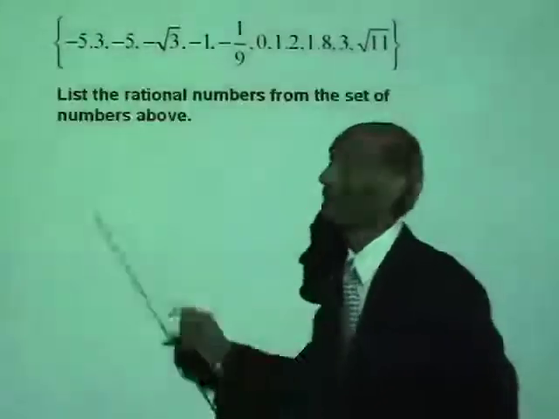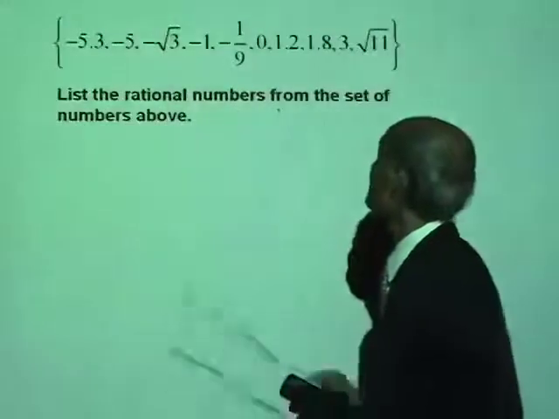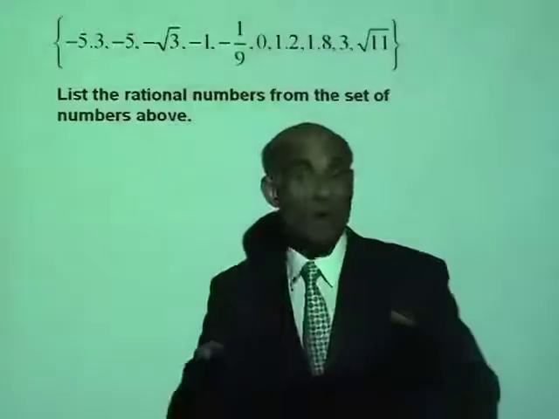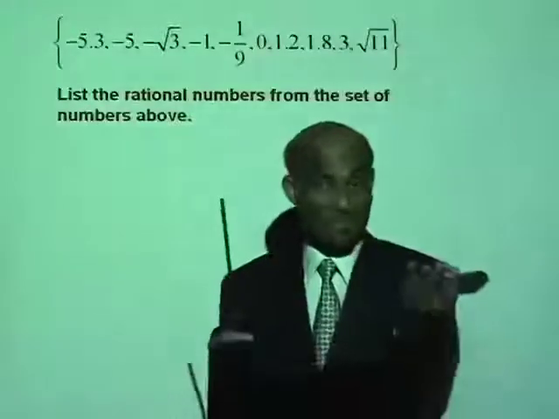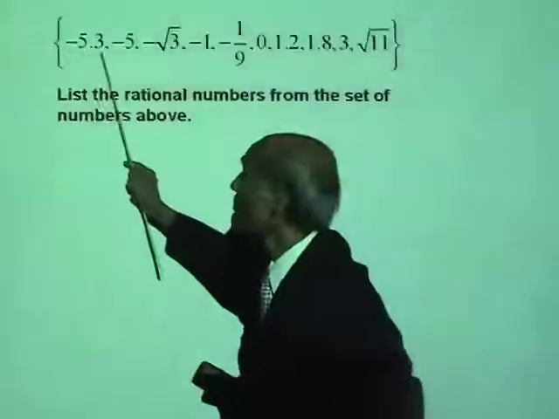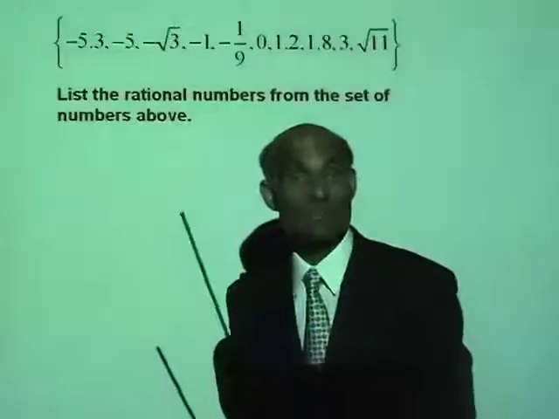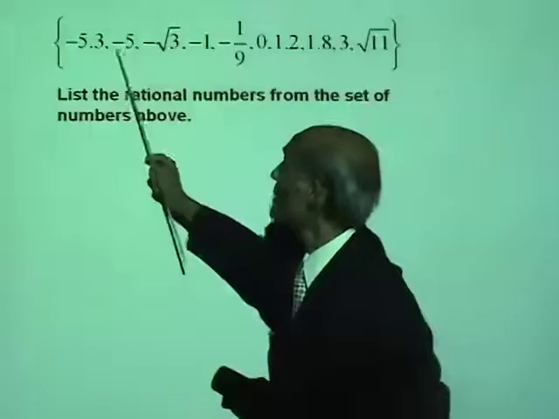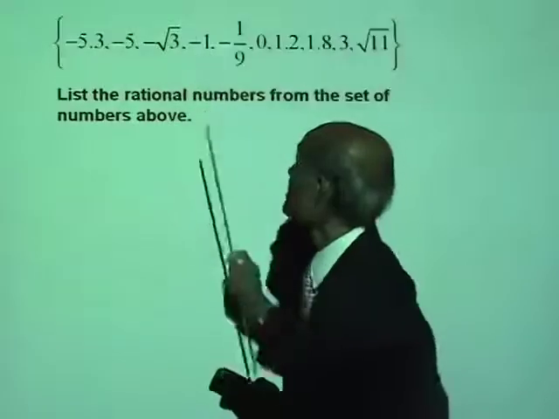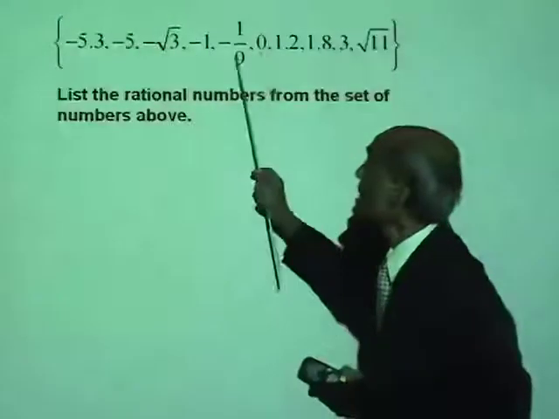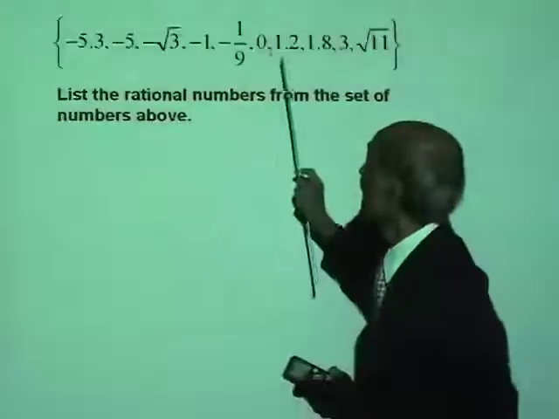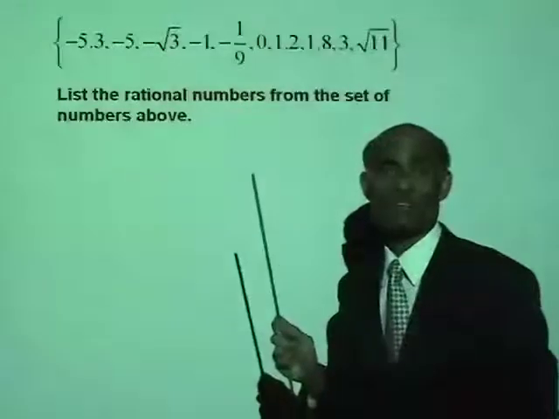Alright, let's do another one. List the rational numbers from the set. Remember, all integers are rational. Right? -5.3 is a rational number. -5 is a rational number. -1 is a rational number. -1/9 is a rational number. 0 is a rational number.